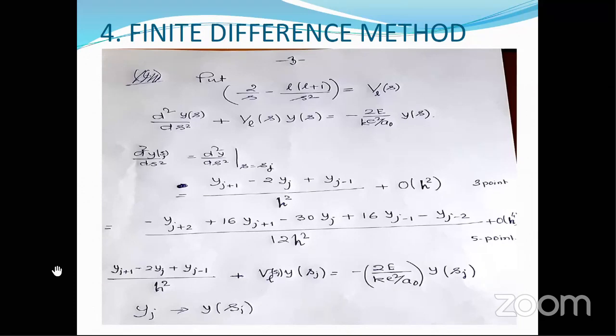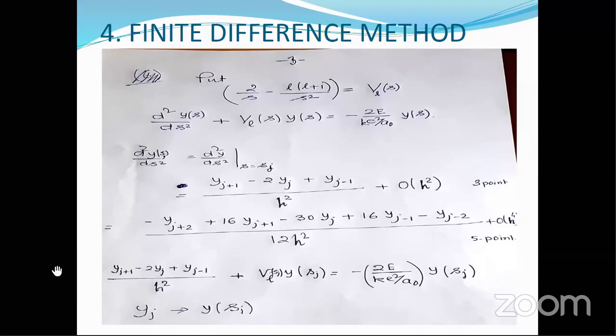I split s into n plus 2 parts, and I assign j the index values 1, 2, 3 up to n. And y at 0 would be 0, and y at n plus 1, which is the n plus 2th point, is also 0.